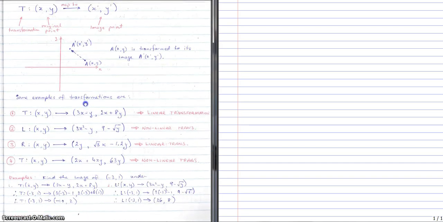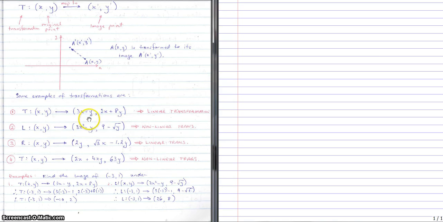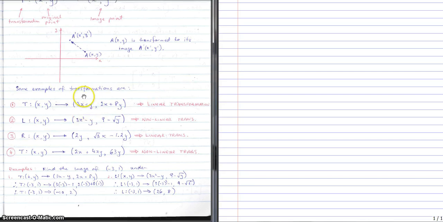Now, some examples of transformations are here. So we've got transformation T. The point xy is changing according to these two rules here. So the point x will be transformed by this rule, where x is being multiplied by 3 and adding to y, and this becomes the new x point.